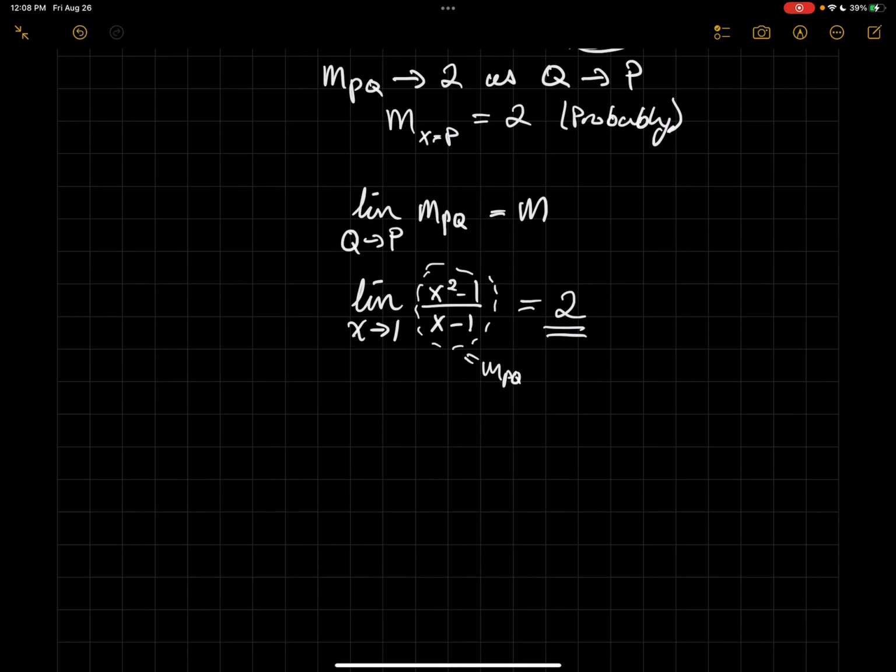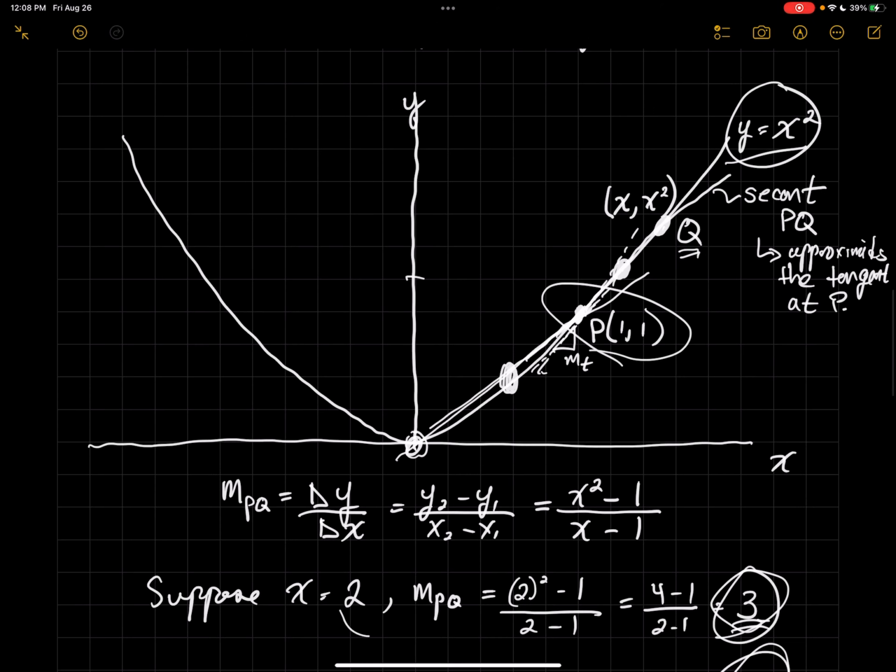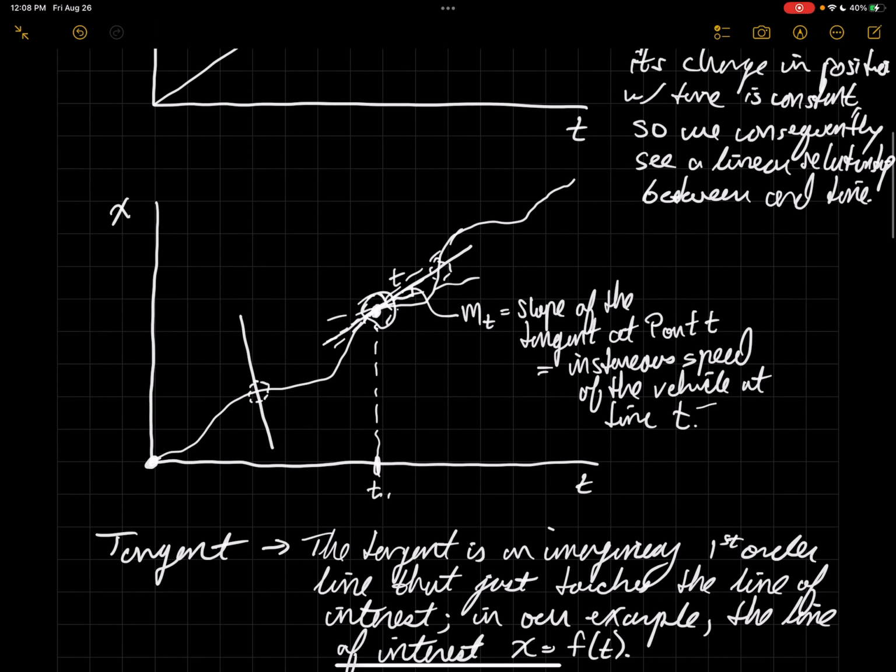But it's important to understand this concept of the limit, and it's the limit that allows us to focus in exactly on this point right here and say, okay, I can indeed determine the slope of the tangent at point P by taking the limit of the secant as the second point of that secant approaches the point of interest, which would be P. And so to relate that back to our earlier discussion about determining the instantaneous speed of the vehicle at this point, we do essentially the same thing, right?